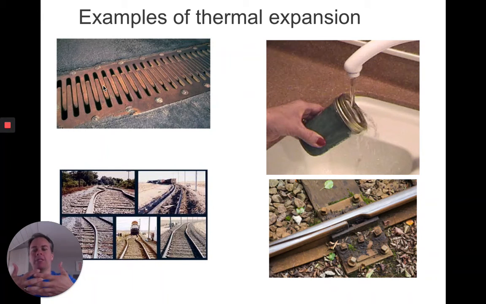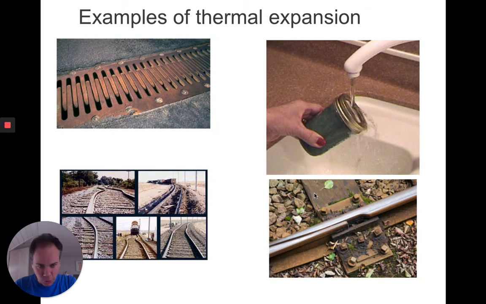When it's cold out and the bridge contracts, those fingers can pull out because the panels have contracted, but not completely separate. In the summer, as the temperatures get warmer and the pavement and the metal expand, there's room for those to expand without buckling.